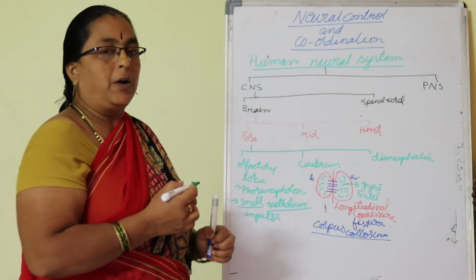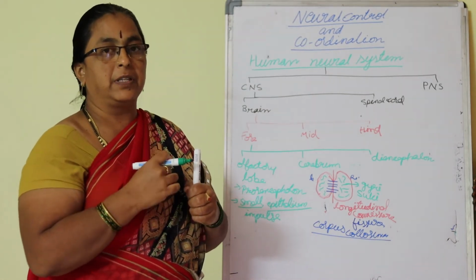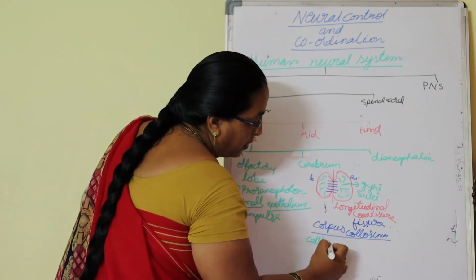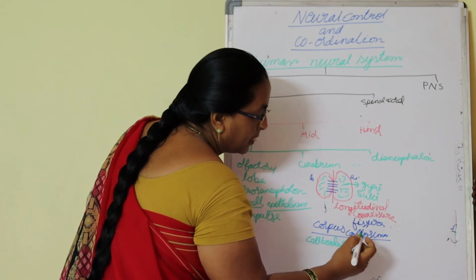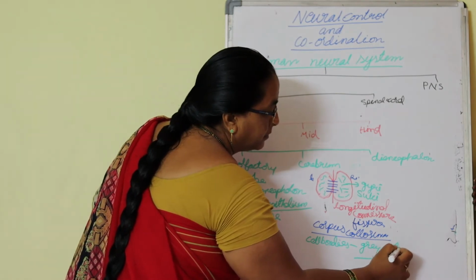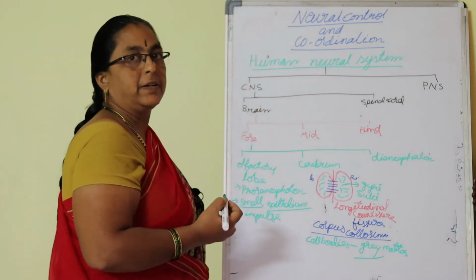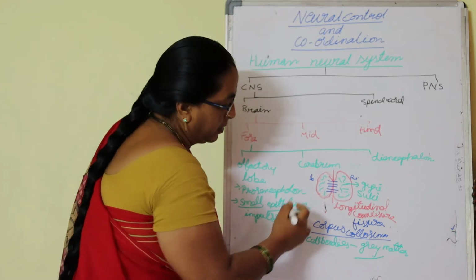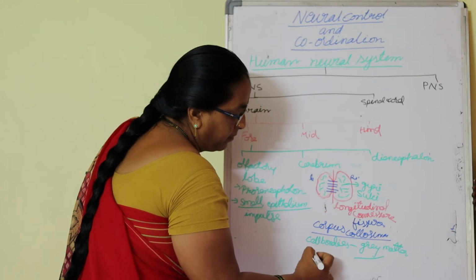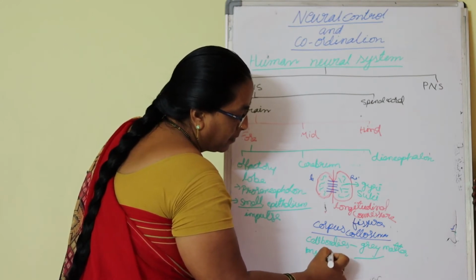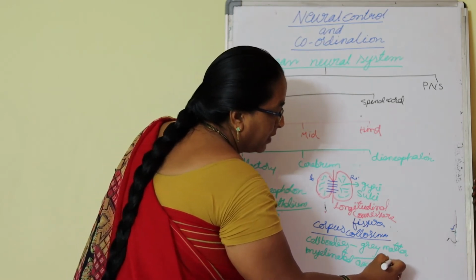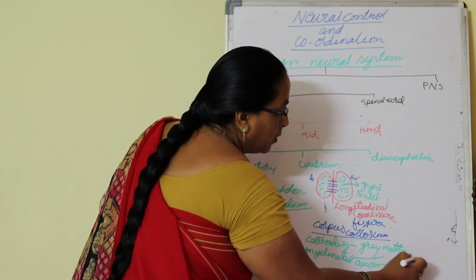and the outer side of the hemisphere is covered with the cell bodies of neurons. It is the grey matter, and the inner side of the hemisphere is covered with myelinated axons that we call white matter.